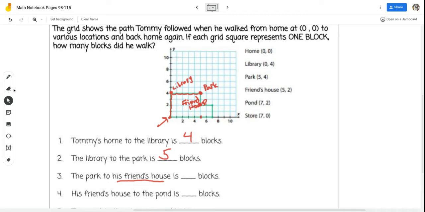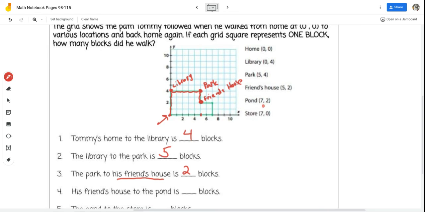Oops, sorry. Wrong button. There we go. Friend's house. All right, so he's going to go to his friend's house right there. And his friend's house is 1, 2 blocks away from the park. So when he walks from the park to his friend's house, he's going 2 blocks.